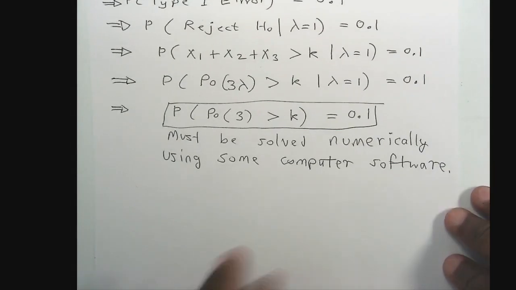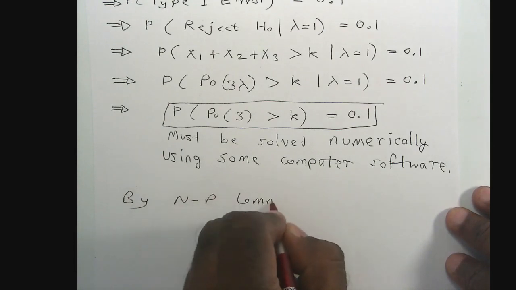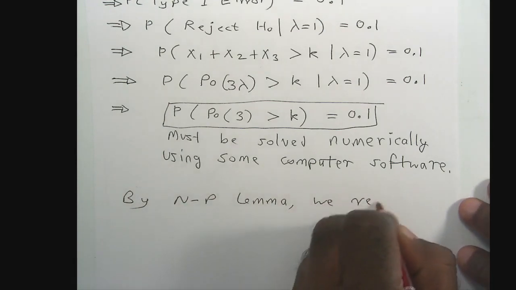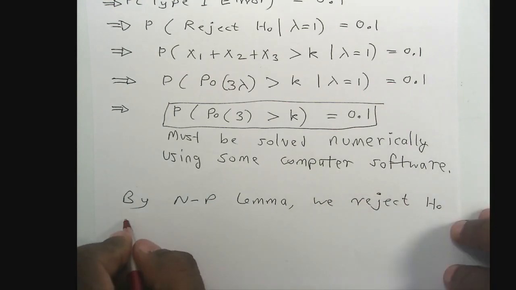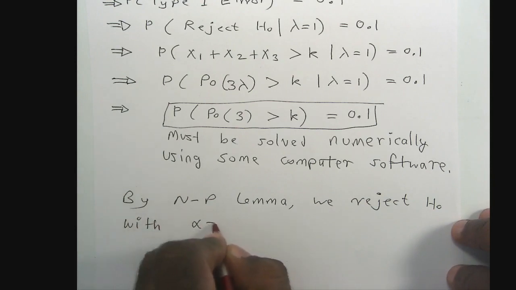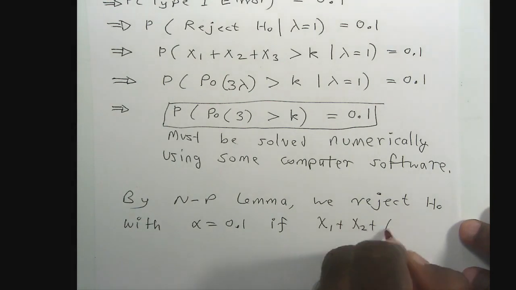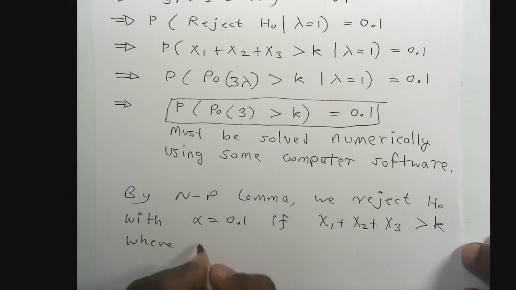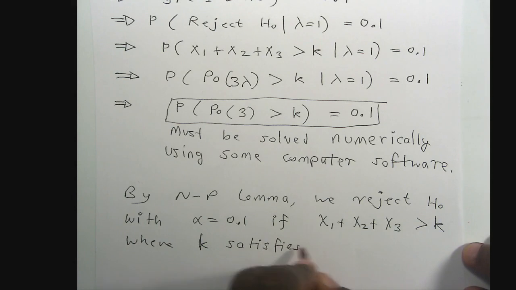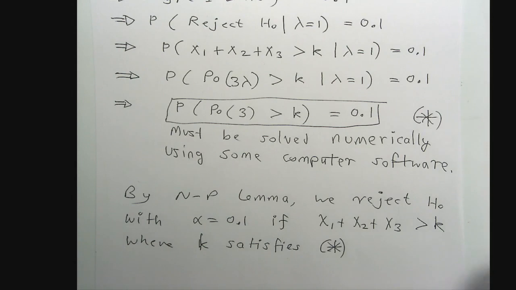So the conclusion is the following. By the NP lemma, we reject H0 with alpha equal to 0.1 if x1 plus x2 plus x3 is greater than a constant k, where k satisfies, I'm going to call this equation star, where k satisfies this.